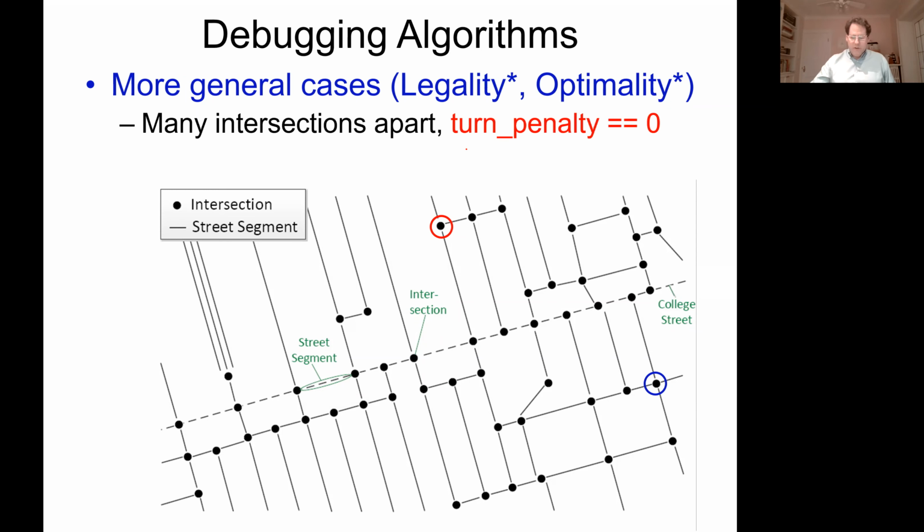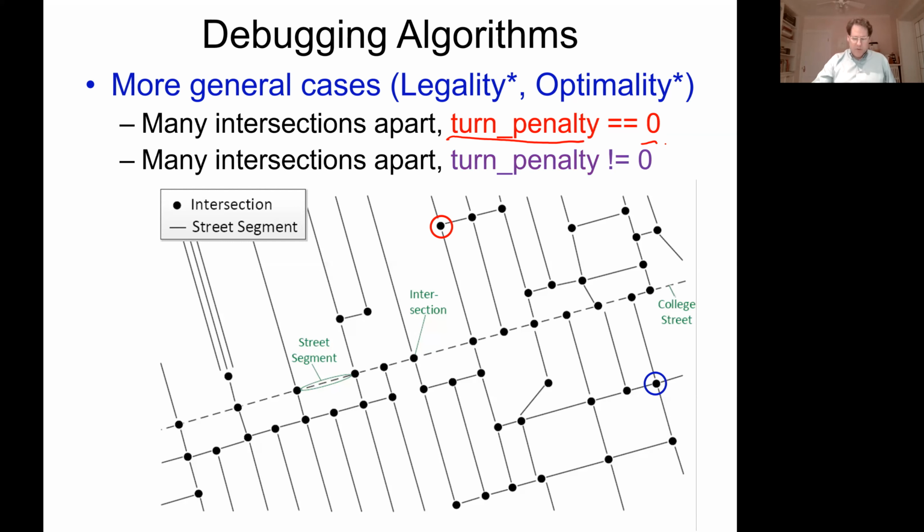Okay. There are two kinds of tests in these more general legality and optimality test suites. We sometimes call your find path function with a turn penalty of 0, and we sometimes call it with a turn penalty that is not 0. That can be helpful in your debugging.